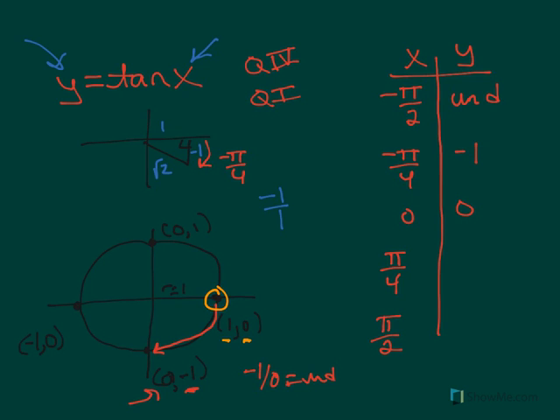Pi over 4, that's going to put us into quadrant 1, up here, if we rotate pi over 4. And put on your values. That's going to be a 1, 1, radical 2. So y to x is 1 to 1, so that's going to get you 1.